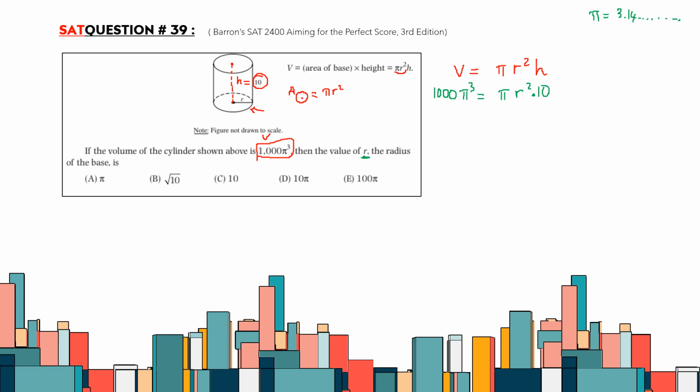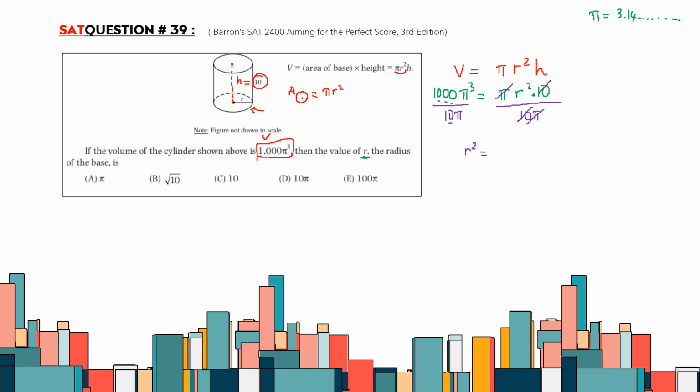We will divide both sides by 10 pi, so that the 10 cancels out and the pi cancels out, and we isolate the r squared on the right side. I will write out the left side at the right side from this step. So 1000 has 3 zeros, right?